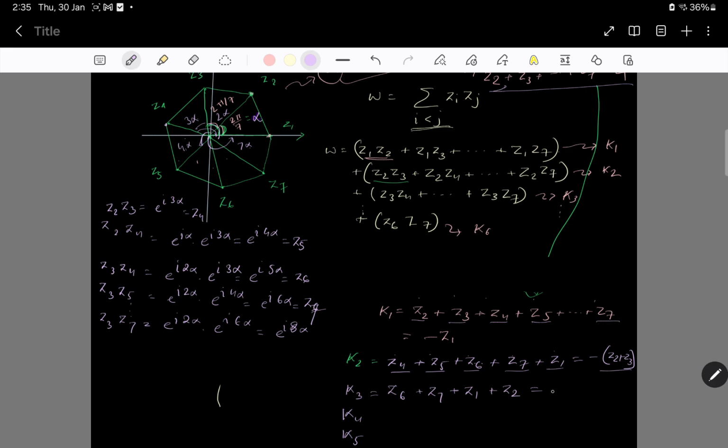So here also you will get minus z3 plus z4 plus z5.